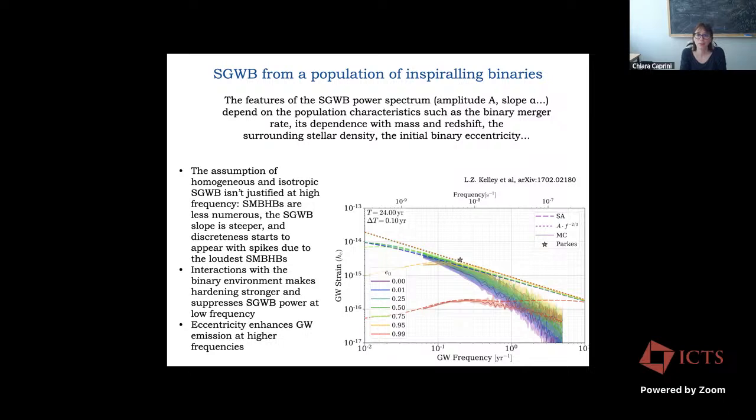Okay, now so how correct is this, and what does the measurement say? Of course, as we've seen, the features of this power spectrum from supermassive black hole binaries, so its amplitude and slope, mainly depend on the population characteristics.